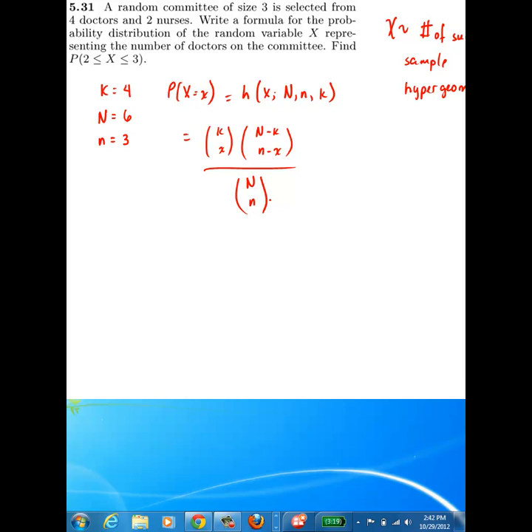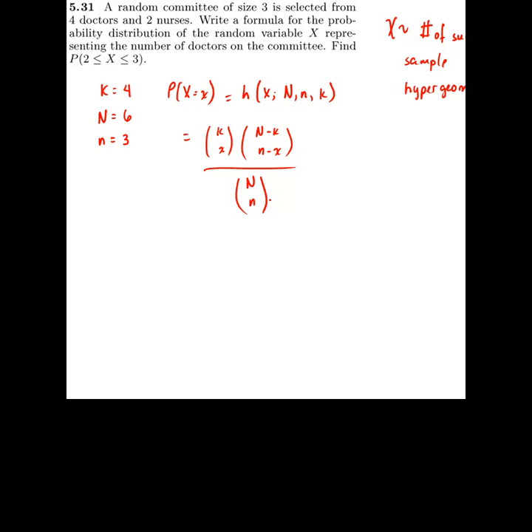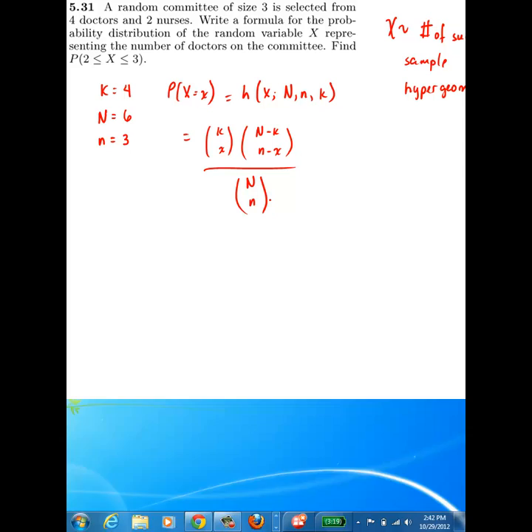So this is the probability for X equals x, or a number, using the hypergeometric. So for the formula sheet, you can write the formula for the hypergeometric and say k is this, n is this, and capital N is this.